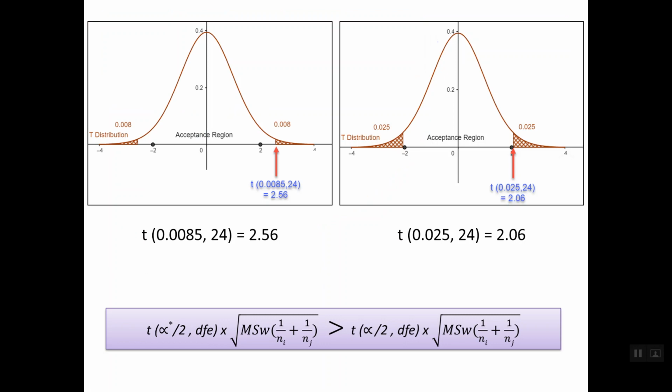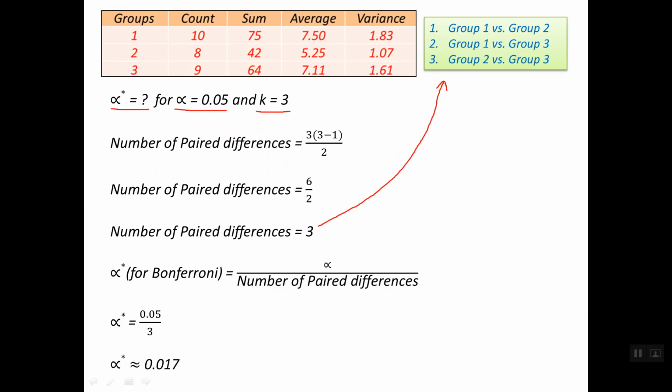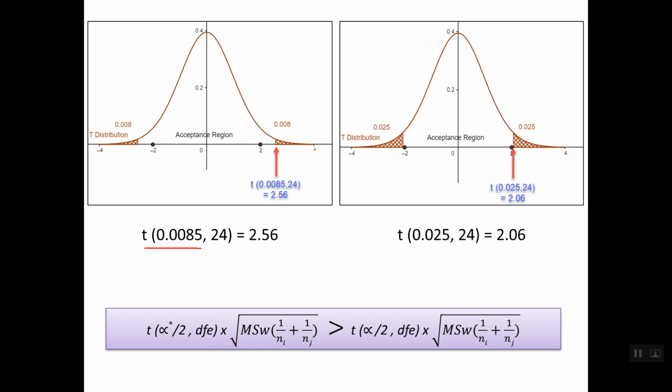If we check for the value of t for the adjusted alpha, which is alpha star, 0.0085, we get this value by dividing the value of alpha star, which is 0.017, by 2.